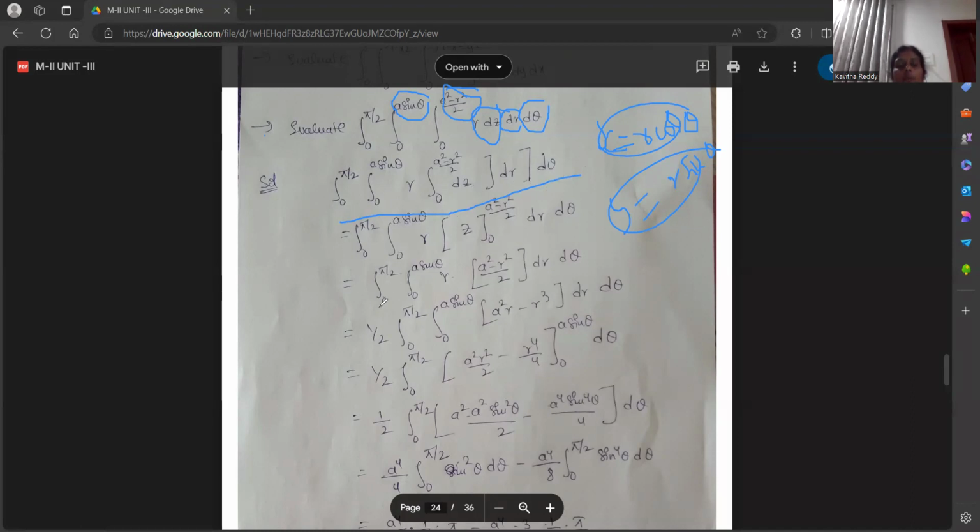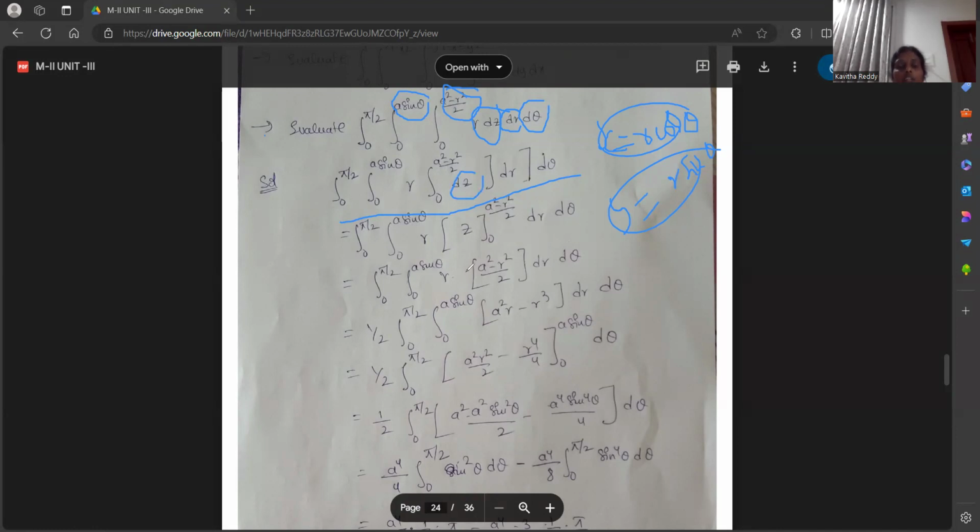Integration of dz, you will get only z, apply the limits 0 to (a square minus r square) by 2, then dr d theta.